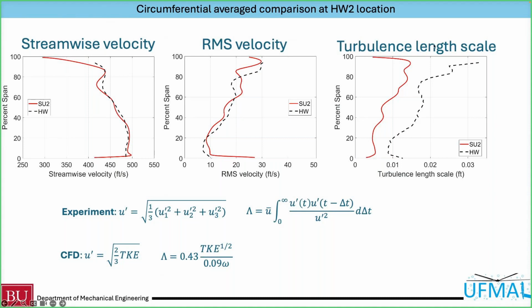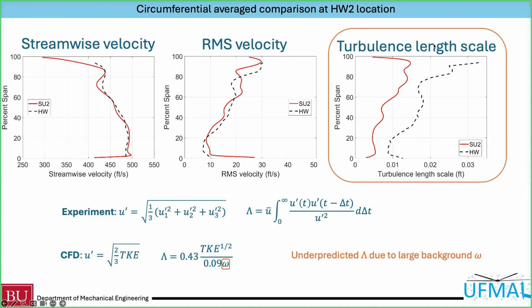But on the other hand, the turbulence length scale comparison between the hot-wire values and the SU2 results shows that, with the Pope formulation, SU2 underpredicts the length scale. We found that this is mostly due to a large dissipation rate, omega, in the SU2 solution.